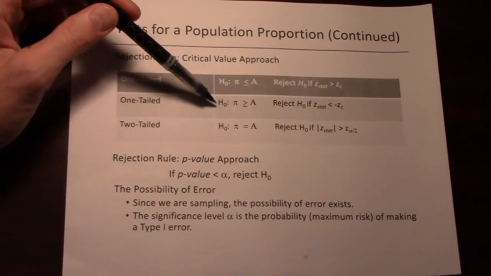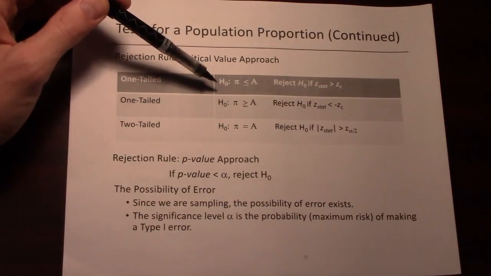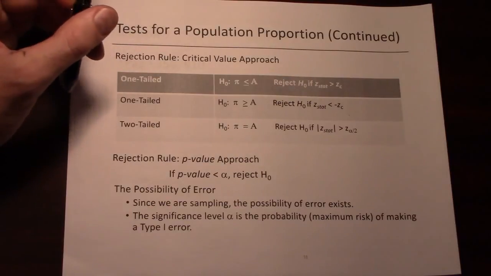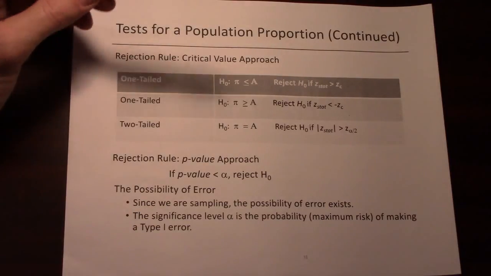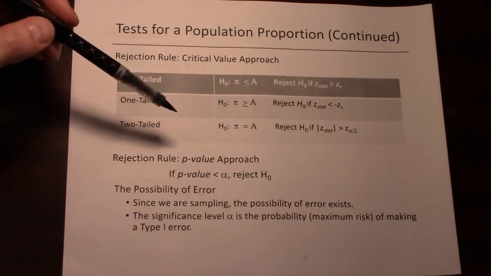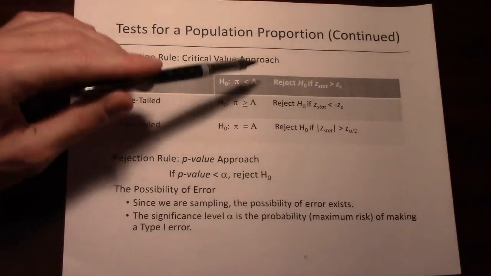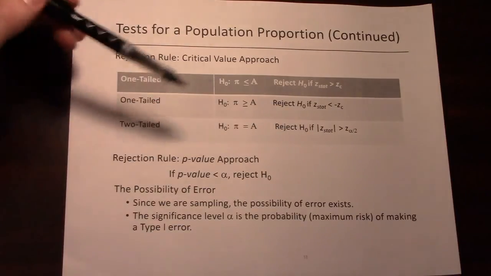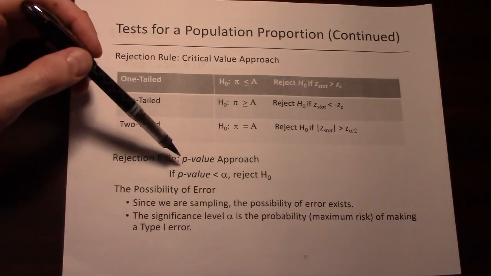And we can set up a one-tailed test or a two-tailed test the exact same way we set up the sample mean tests. We can reject based on whether or not this test statistic falls in the rejection region. We can also use the p-value approach.